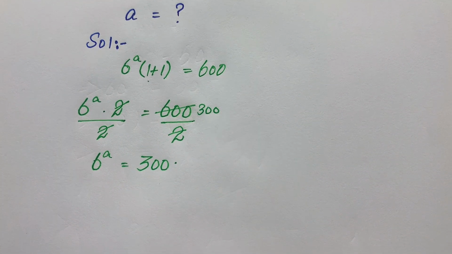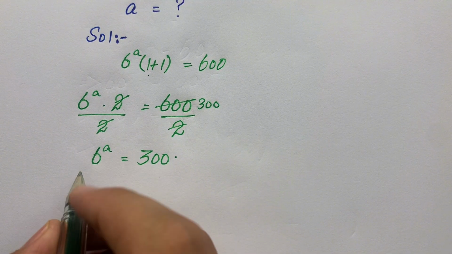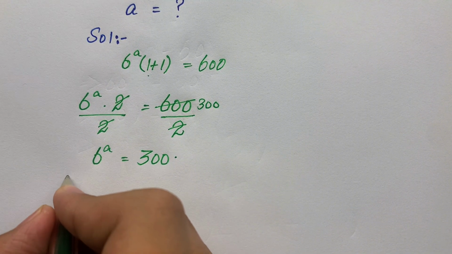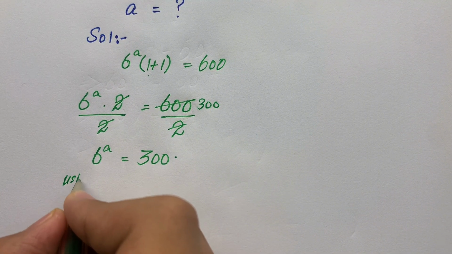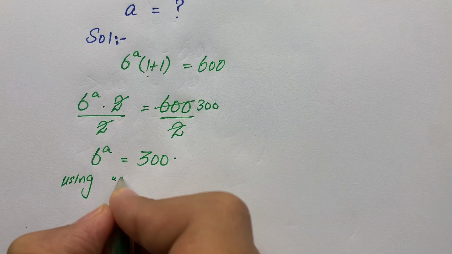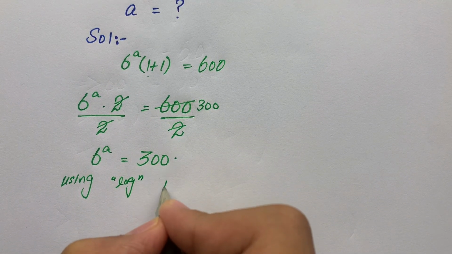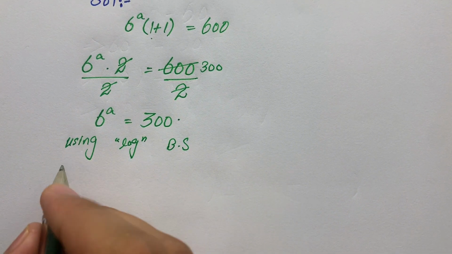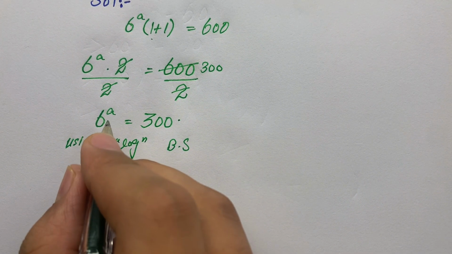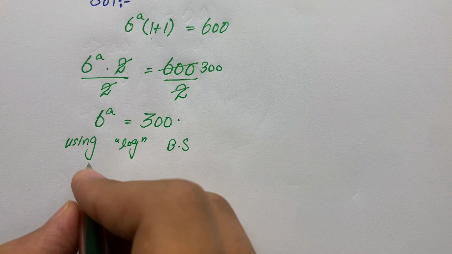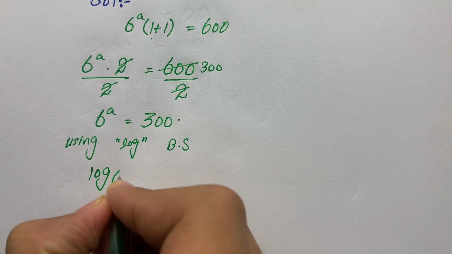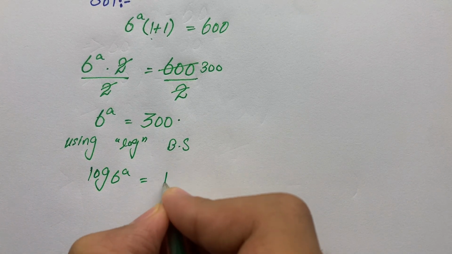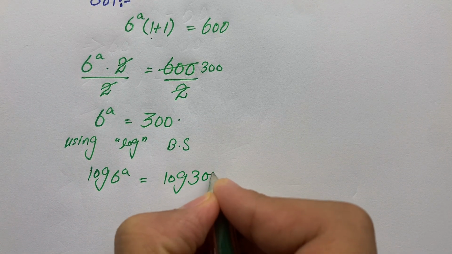This is our value, and now we solve this using logarithms. Taking log on both sides, we get log of 6^a is equal to log of 300.